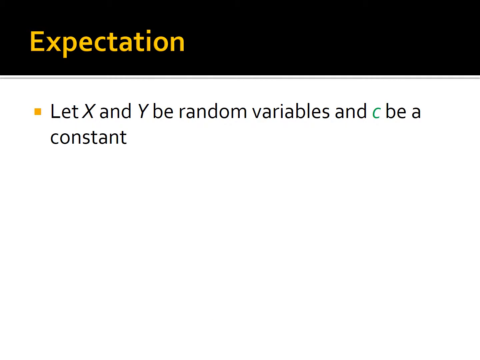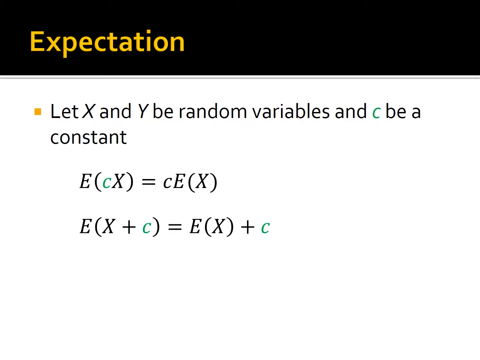Let x and y be random variables and c be a constant. Notice that I use the green color to represent a constant. The expected value of a random variable multiplied by a constant, you can isolate c out, and then you get this.